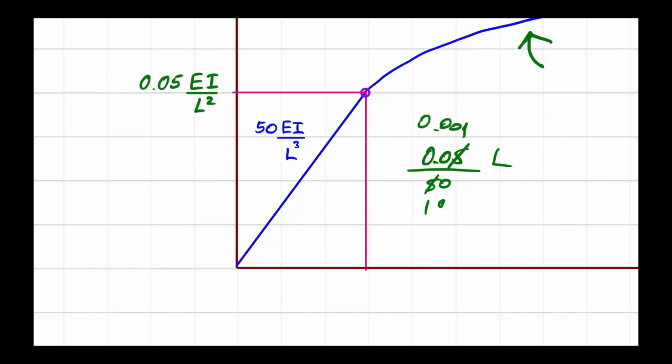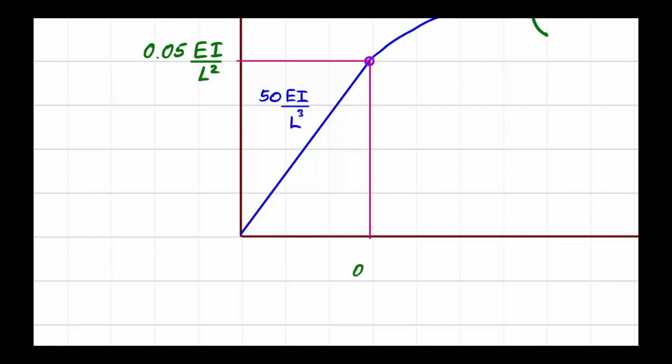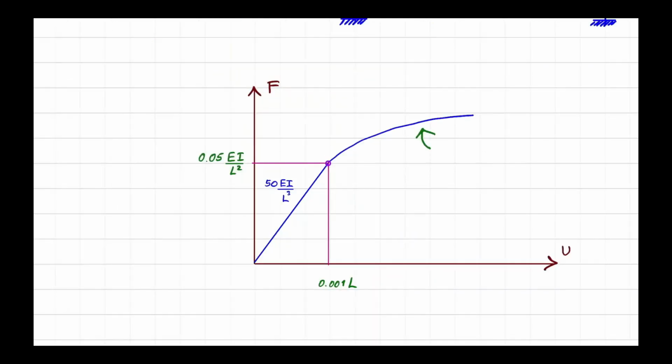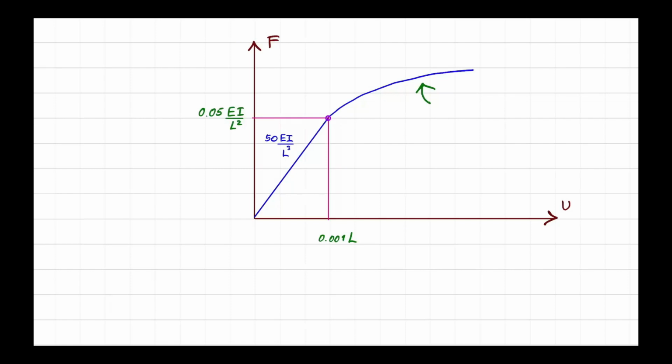Okay. Double 0.001 L. And the slope at this given point has to be 50. So I'll figure out the equation.